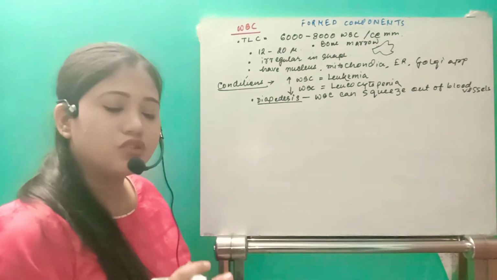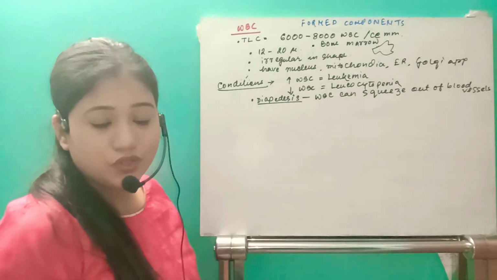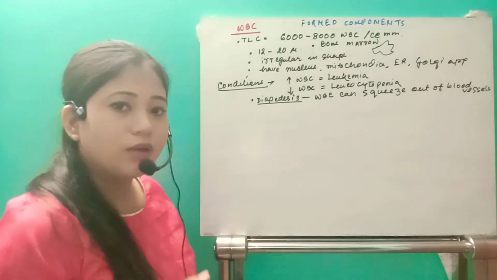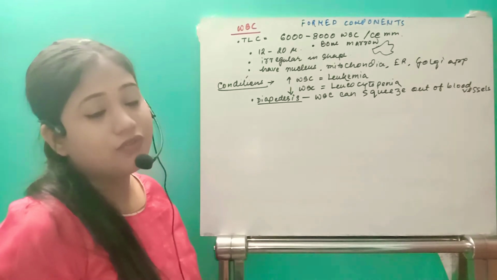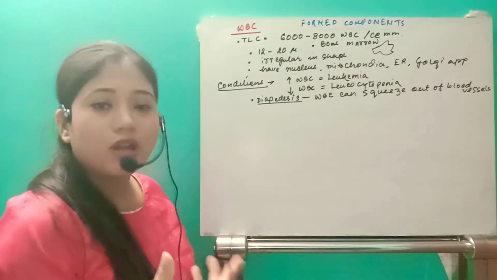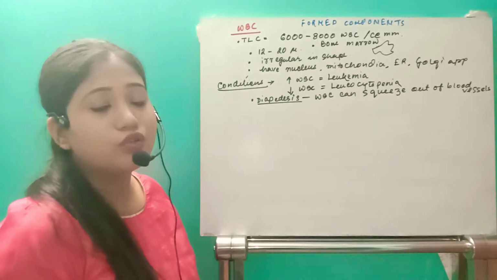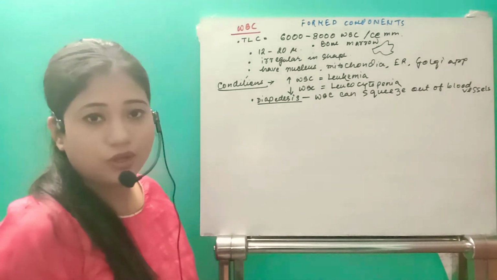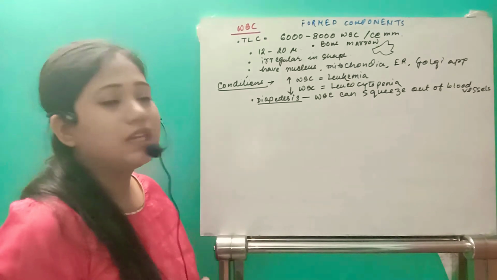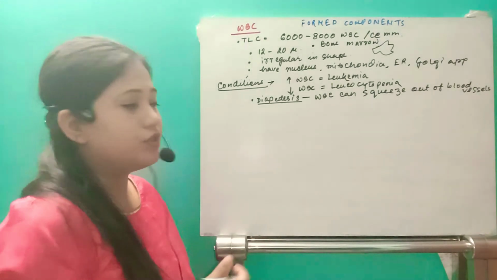If it is a B lymphocyte, it will mature in the bone marrow, and if it is a T lymphocyte, it will mature in the thymus. So let's see the different types of WBC.